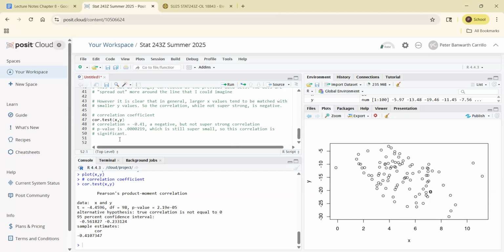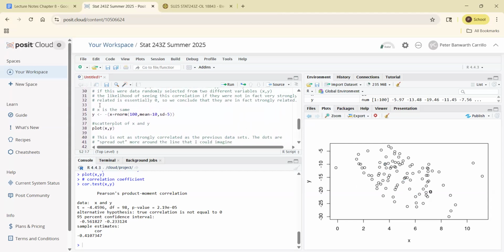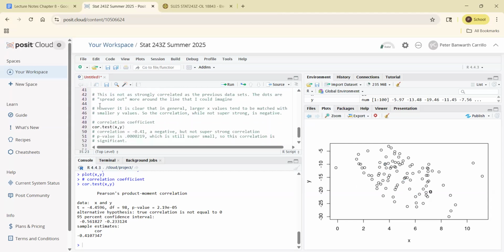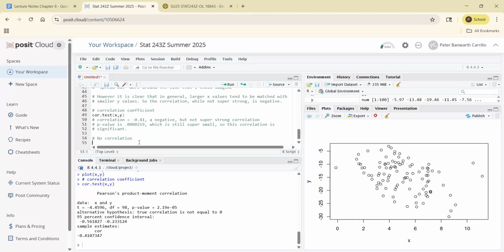All right, now let's look at two variables that are completely randomly related to each other, so that there is no correlation or very close to zero correlation.